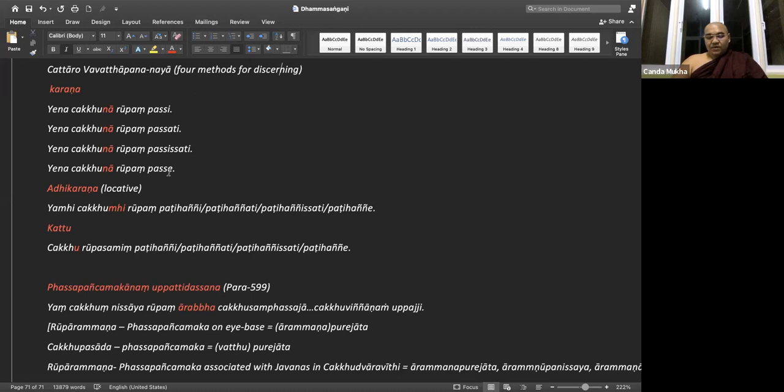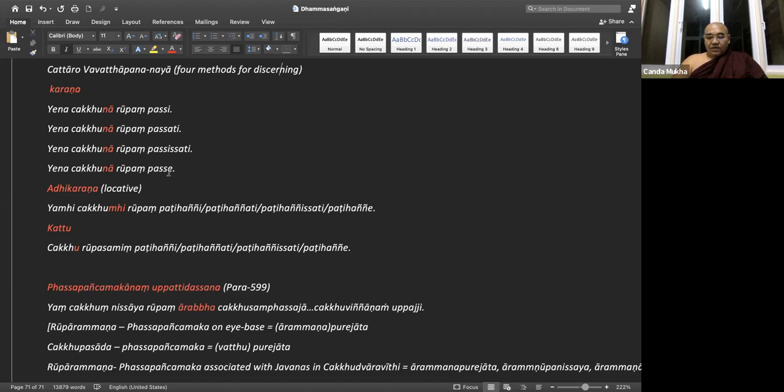Evaṃ sesāpi veditabbā: similarly, the remaining three methods should be known. So that is the four ways to discern eye sensitivity.